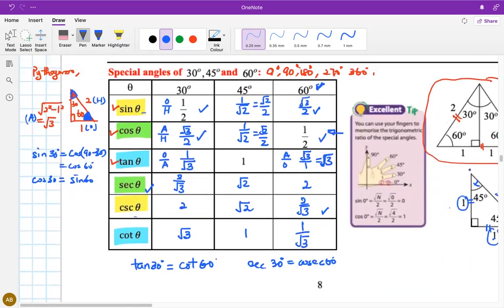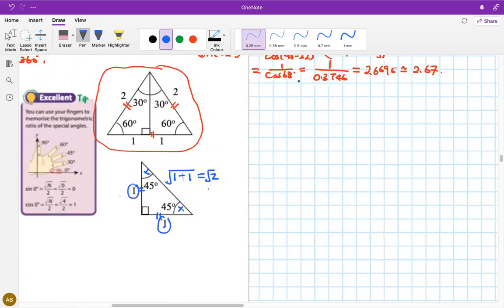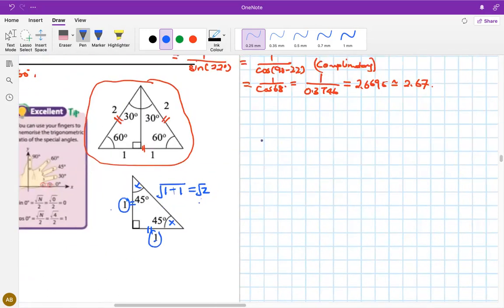As for the special angles 0, 90, 180, 270, 360, actually you can draw the graph. If y equals sine theta, I think you should know already, you learn it in physics also, we call it the sinusoidal graph, right?